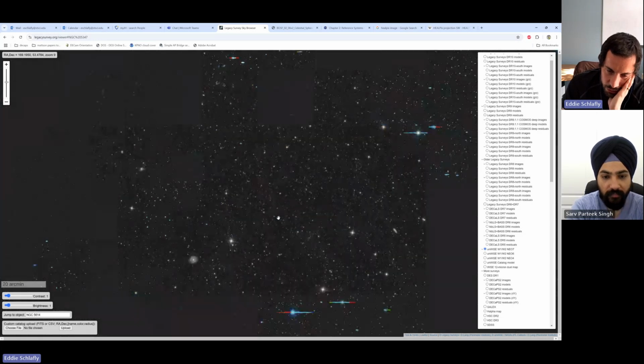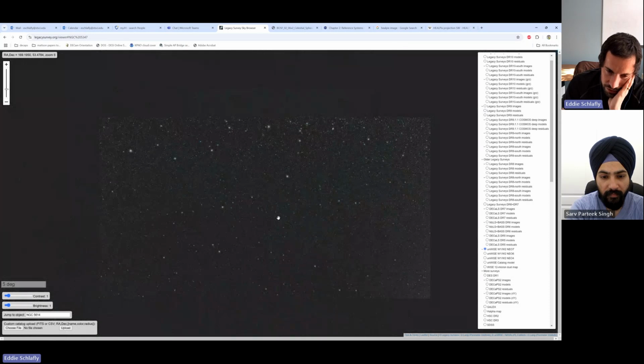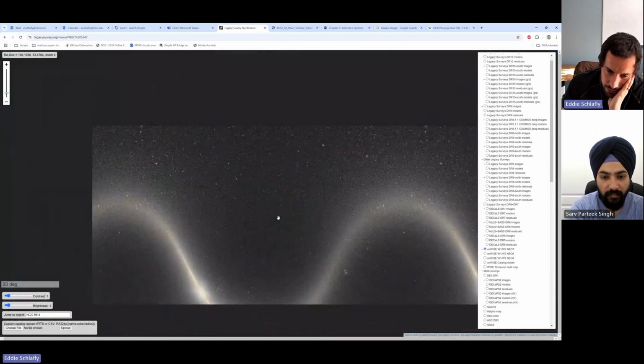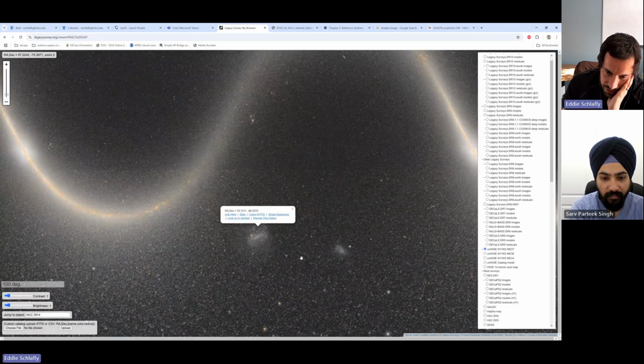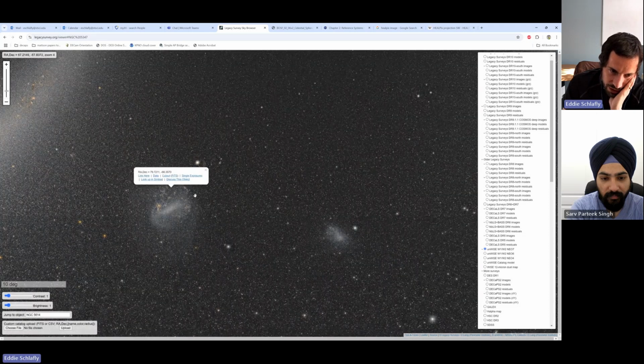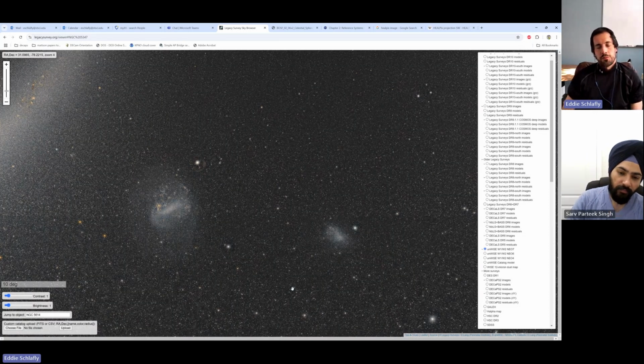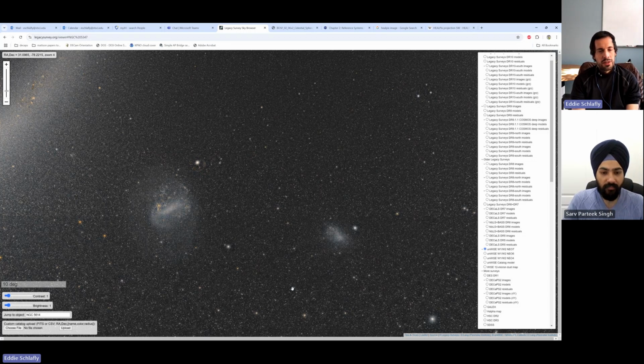These are two nearby dwarf galaxies that are slowly falling onto the Milky Way. This is what's called the Large Magellanic Cloud over here, and the Small Magellanic Cloud over here. They're nearby galaxies, each with large numbers of stars, and they're slowly falling onto the Milky Way, we think.